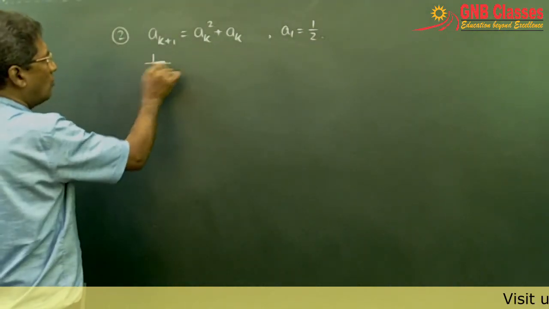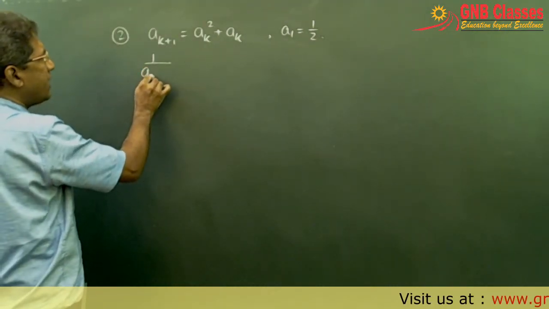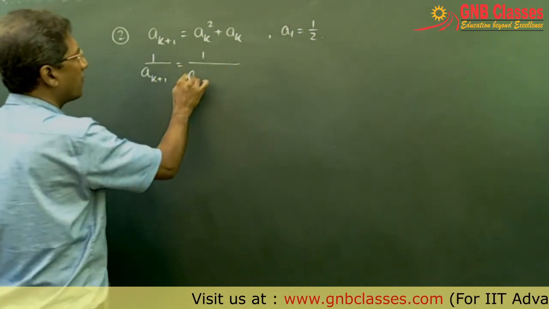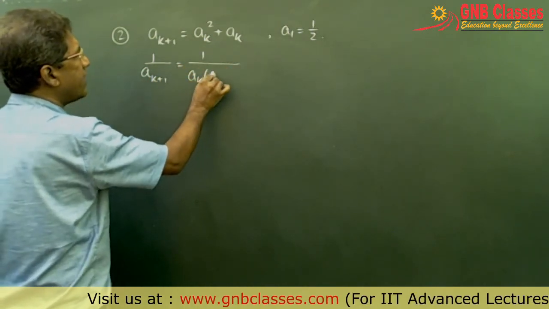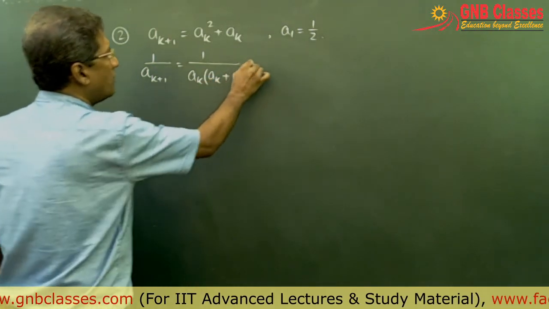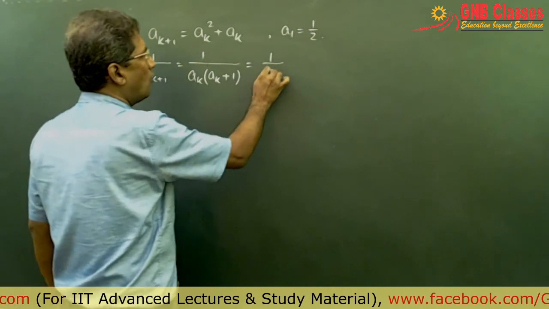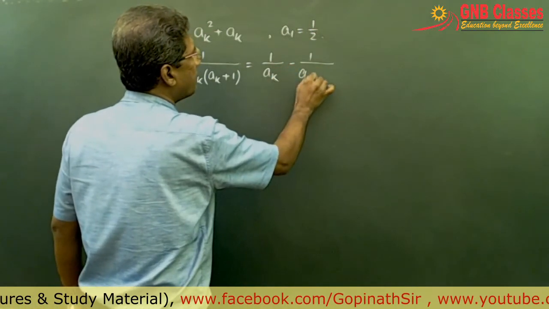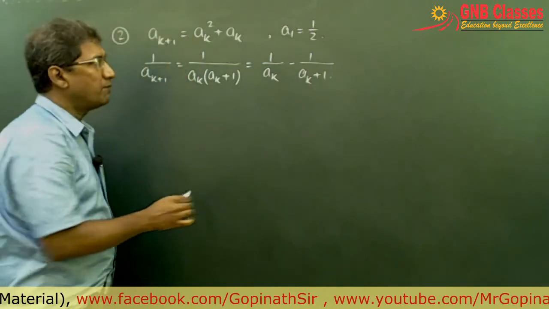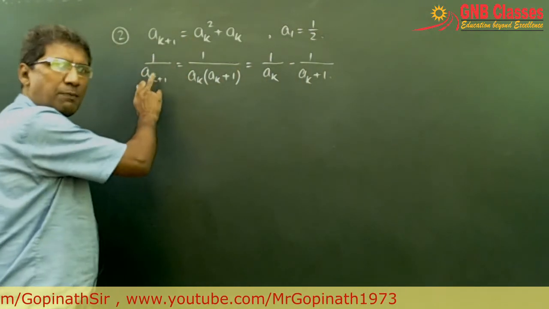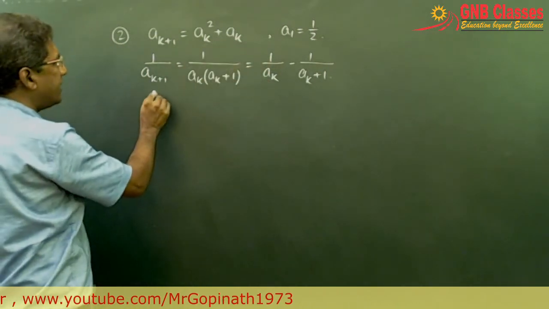Now 1 by a suffix k plus 1 is nothing but 1 by a suffix k if I take common, so it is a suffix k plus 1, which can also be written as 1 by a suffix k minus 1 by a suffix k plus 1. Is it clear? Now let me take this thing this side and 1 by a suffix k plus 1 in the right hand side. So what we are getting?